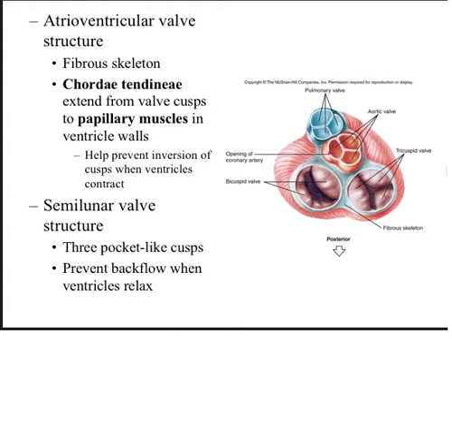So you can see here how when these close, they're very unlikely to evert and permit blood to flow back into the ventricles because of their geometry. So it's not so much stabilization by connective tissue as it is with the bicuspid and the tricuspid valve. It's the geometry of the valves that keeps them from prolapsing.